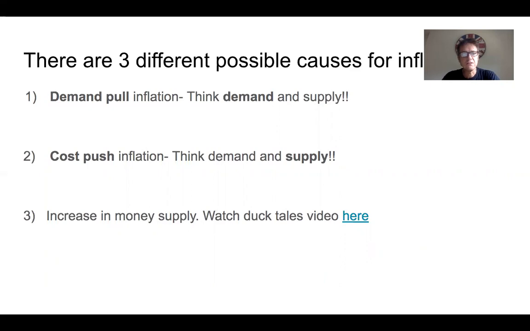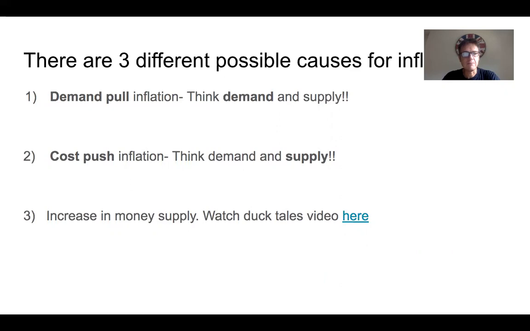Number two, cost-push inflation. Think back to your year 10 notes again. If supply shifted left or decreased, one of the reasons for that would have been increasing costs of production. When that happens, prices can also rise to a new price equilibrium.